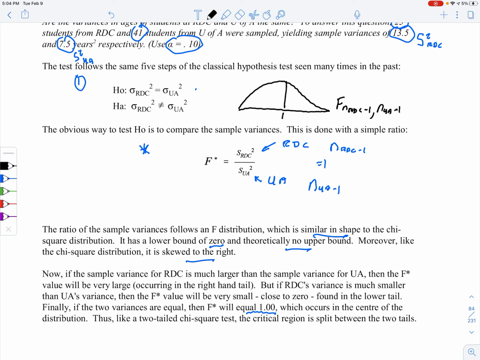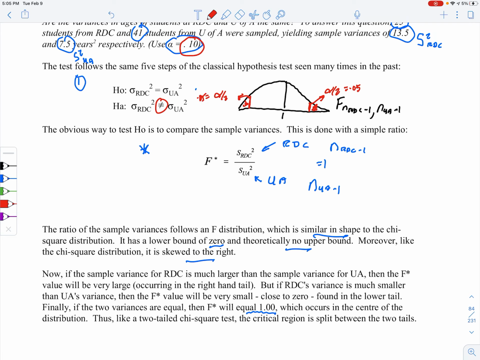It's actually got a bit of a goofy formula here. But if this is a two-sided test, which it is, we would put alpha over 2 here, and alpha over 2 here. And so we want to find out what those critical values are. Now, if we're using an alpha of 10%, then this would be 5% in each tail.